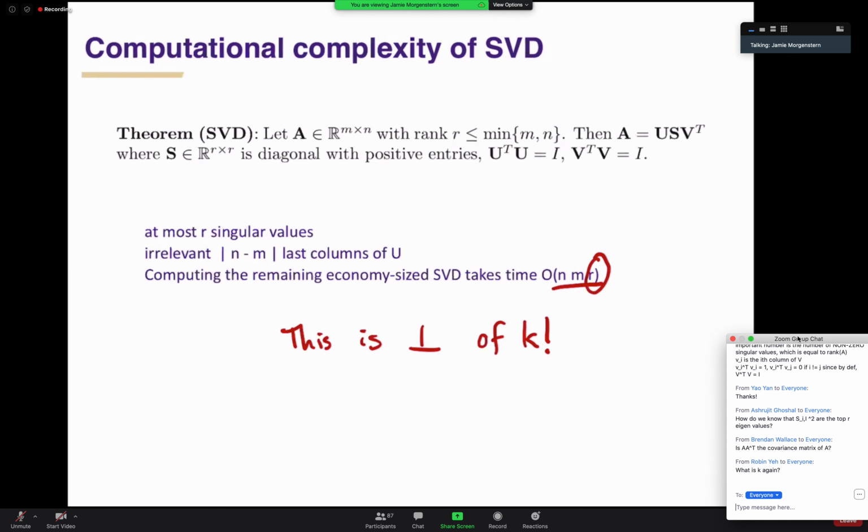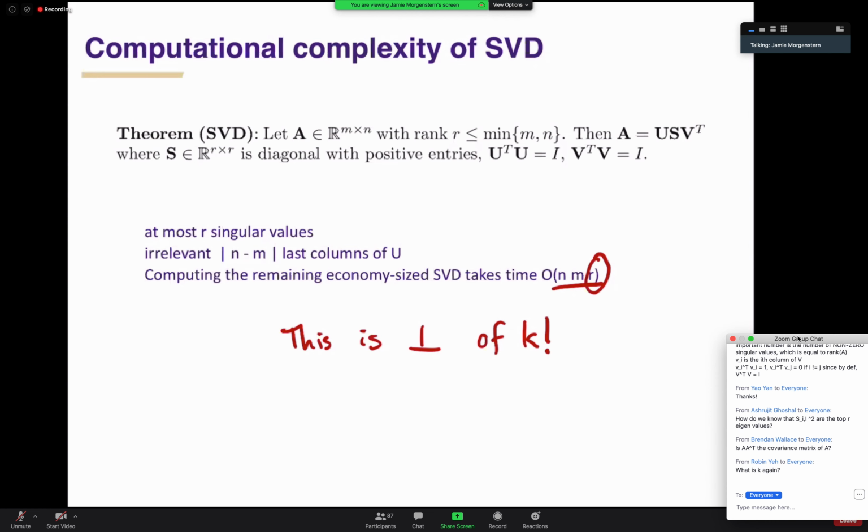In fact, I've alluded to the idea that maybe you want to use PCA because your data was initially represented in such high dimensions, you just don't want to do computations that depend too heavily on R. So is there a way to compute the top K eigenvectors of our covariance matrix where we don't pay for the total rank of our initial covariance matrix?